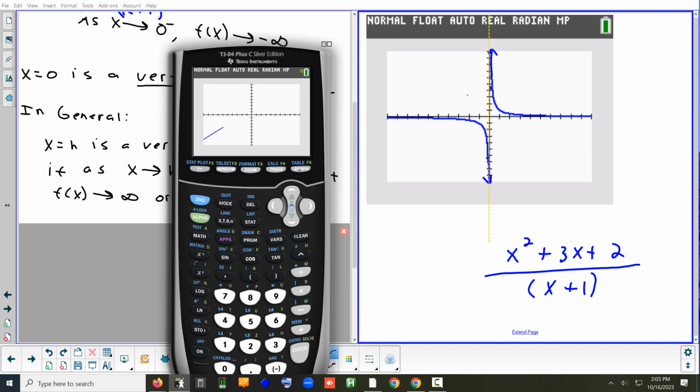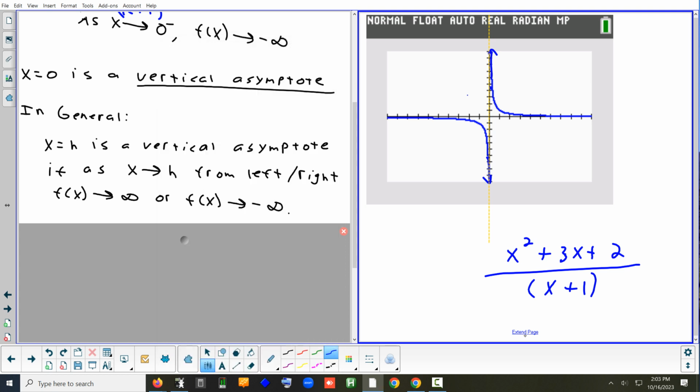It's going to be really clear that it's a vertical asymptote at negative 1. There's your vertical asymptote. So why does it show it like that when it's a 3, but show it like that when it's a 2? Just barely changing it, but it looks totally different. Let's look at the top.